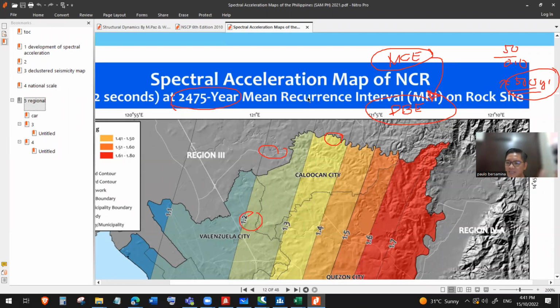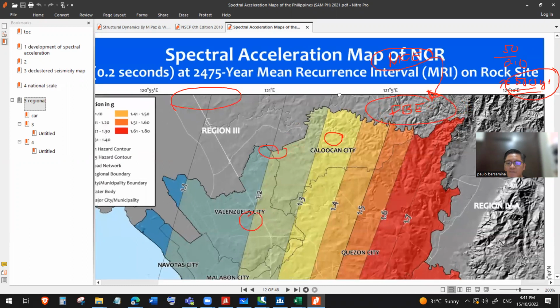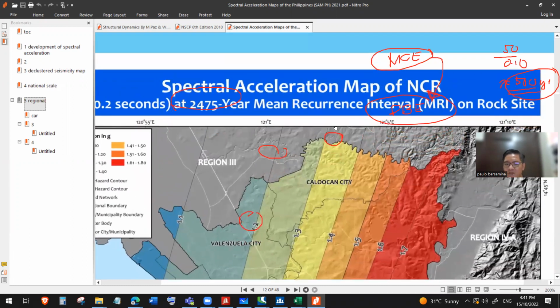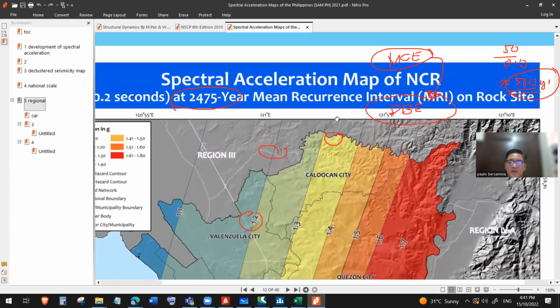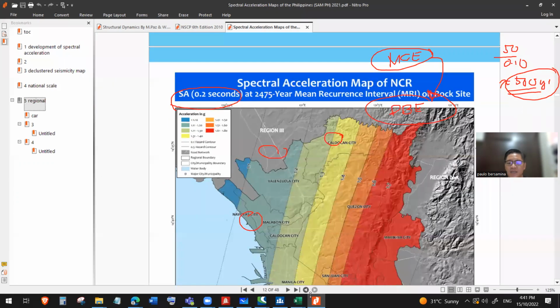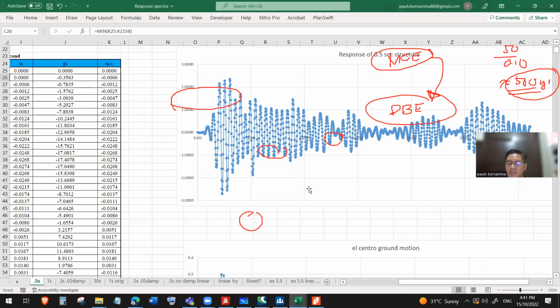Sa IBC, yan yung presentation din sa Amerika. Kaya kailangan nating sumabay sa international standards from IBC, International Building Code. Okay? Kaya naisipan tong gawin ng ASEP together with pivots. Okay? Yeah. So at least you're now familiar with the terminology, spectral acceleration, how to mathematically obtain that.